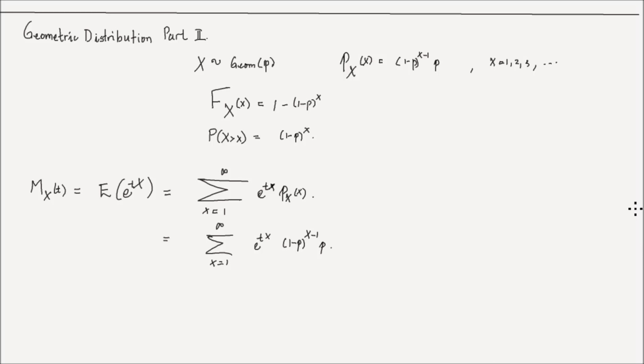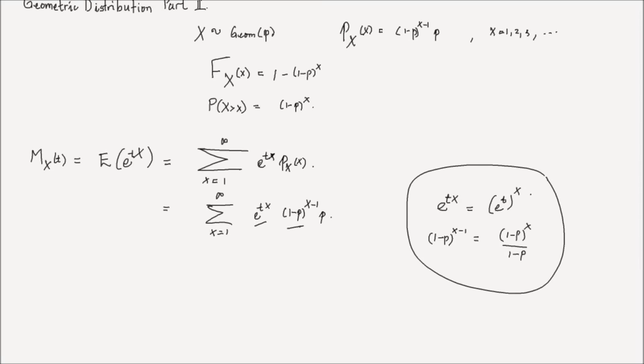What I'm going to do now is simplify these two expressions. e to the power of tx can be written as (e to the power of t) to the power of x. Also, (1 minus p) to the power of x minus 1 can be written as (1 minus p) to the power of x divided by 1 minus p.